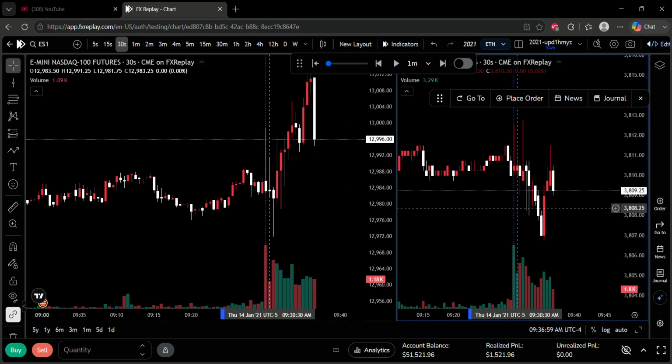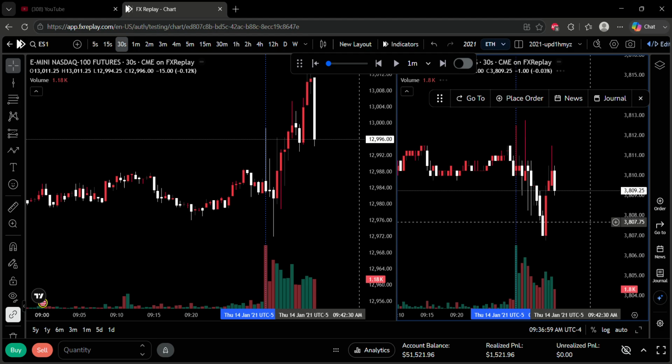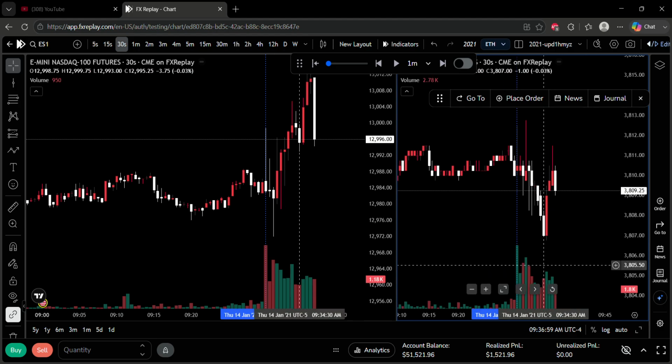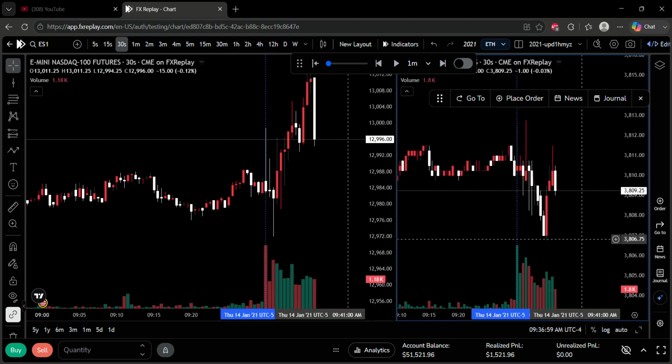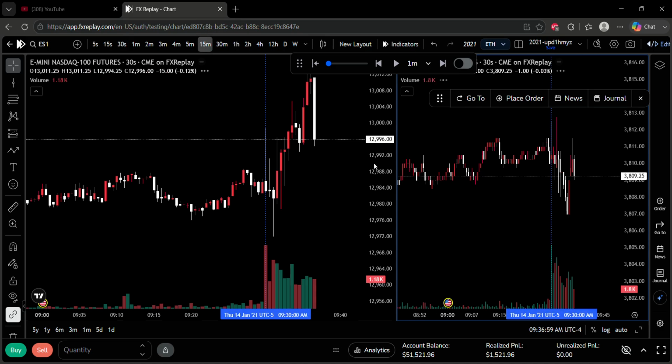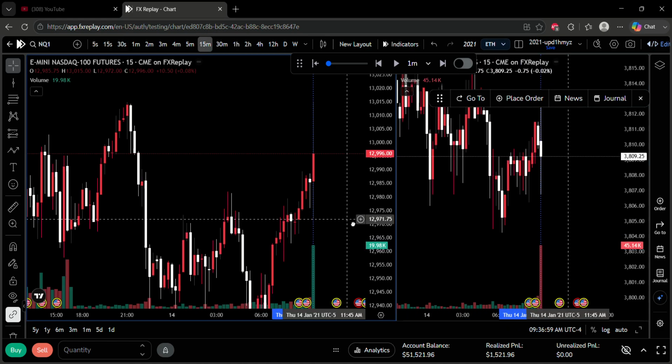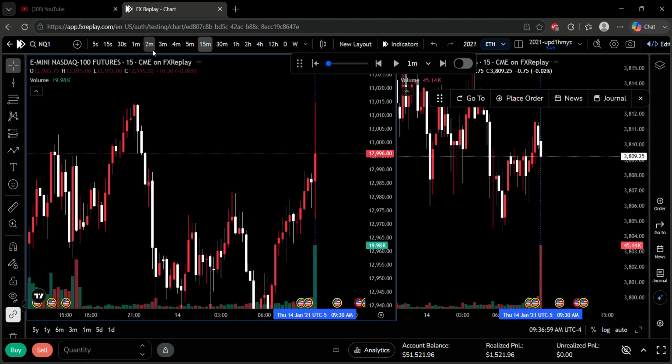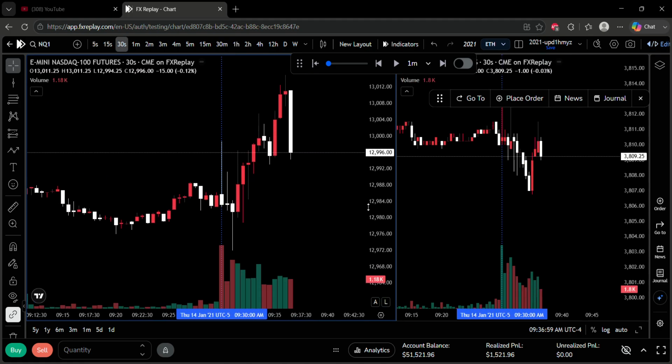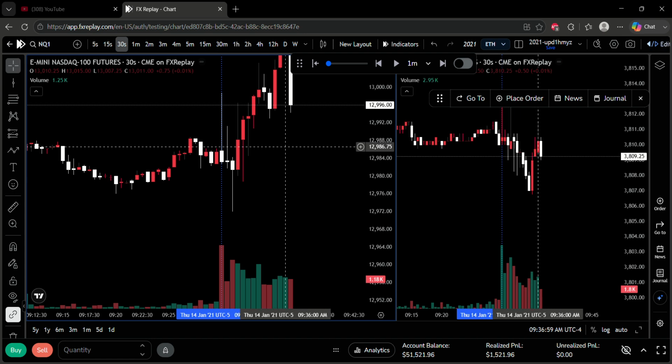What the fuck is ES? What are you doing? Like, what are we doing? Like, I already took my draw. We still have all this LR though. We have this 930 wick.